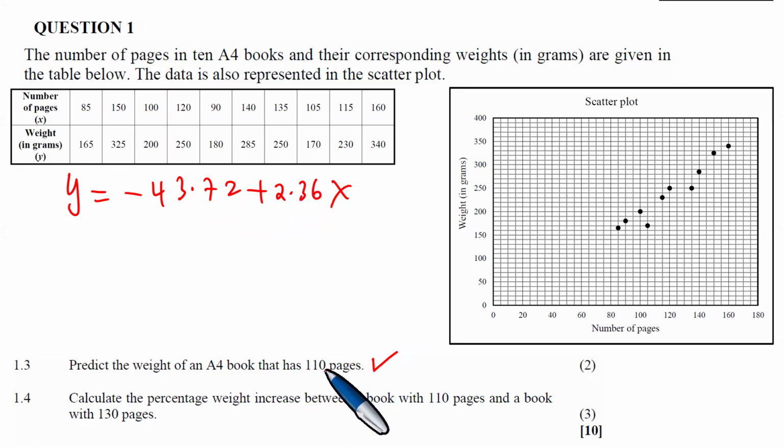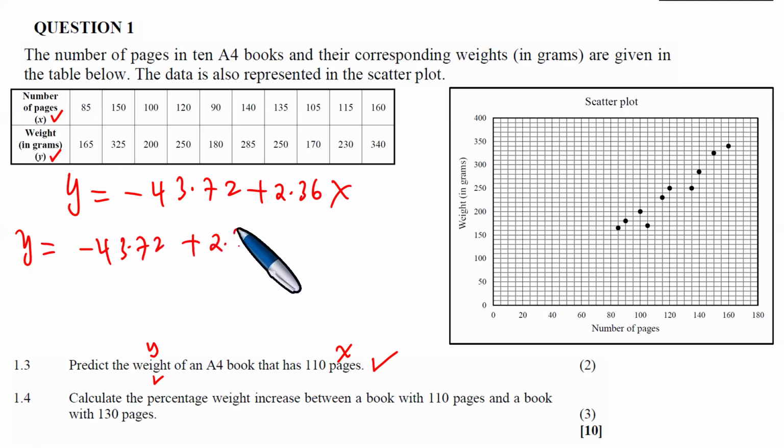If this book has 110 pages, x, the number of pages, is 110, and weight is y. So we want to determine the weight y. We have minus 43.72 plus 2.36 times the number of pages, which is 110, and then we can give the approximate weight.